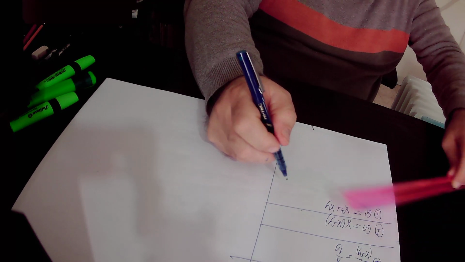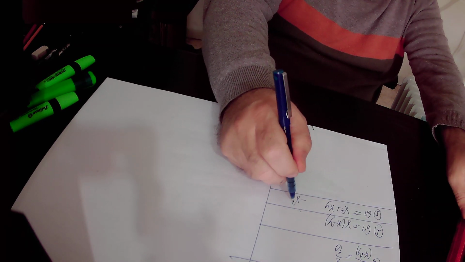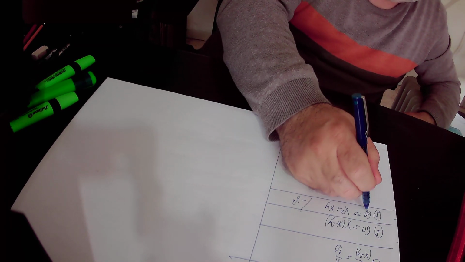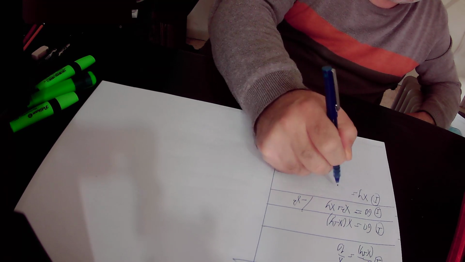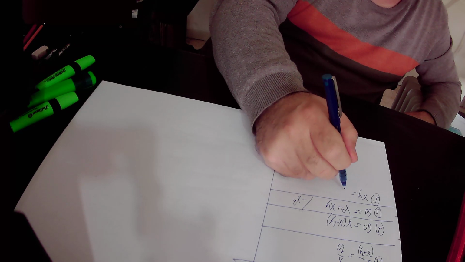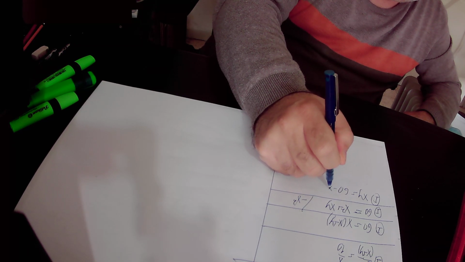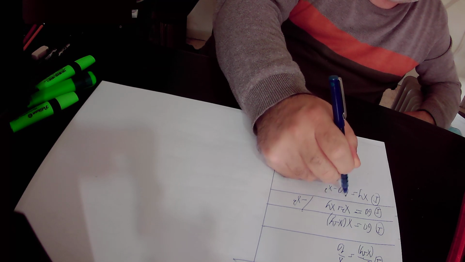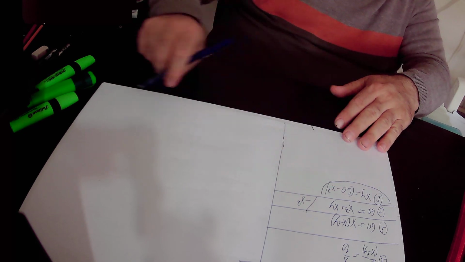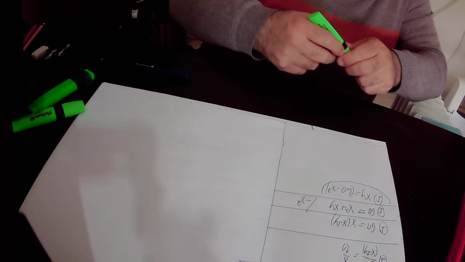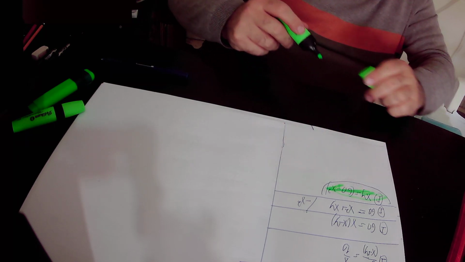Here we will subtract x squared from this equation, and we get that xy equals 60 minus x squared. So we found that according to equation number 1, xy equals 60 minus x squared.